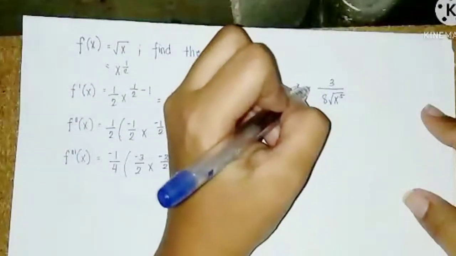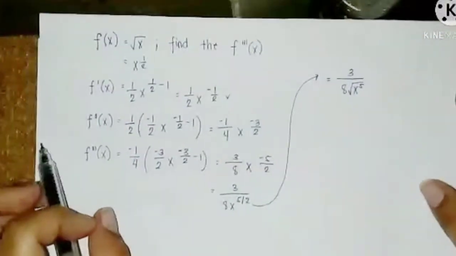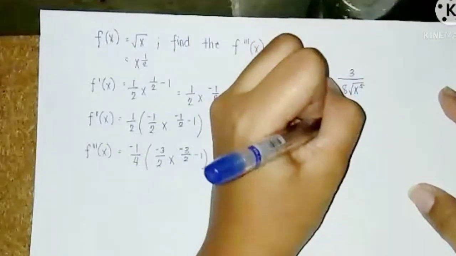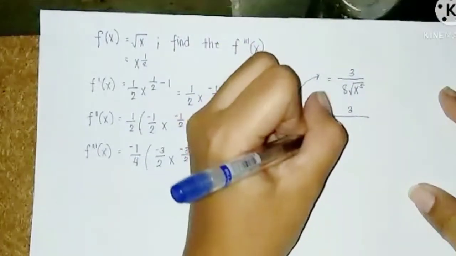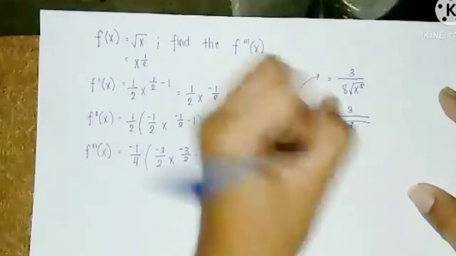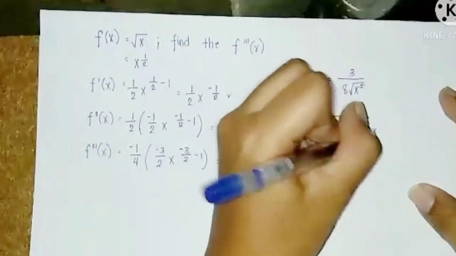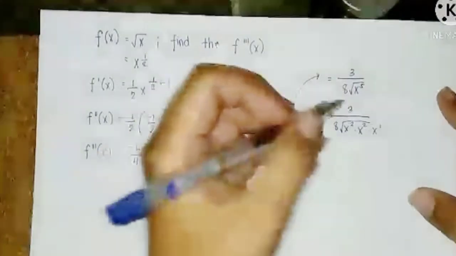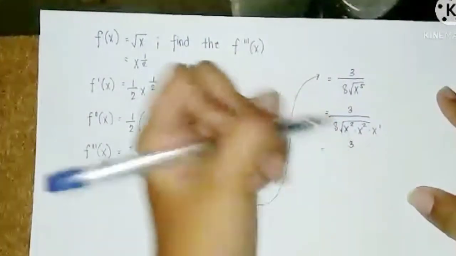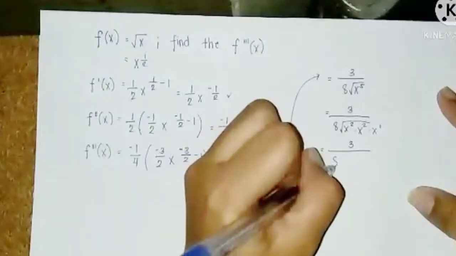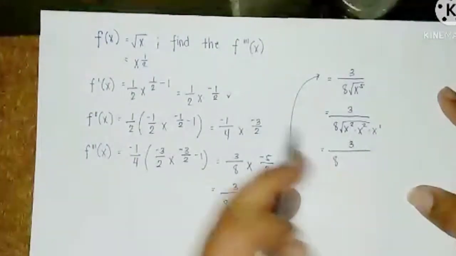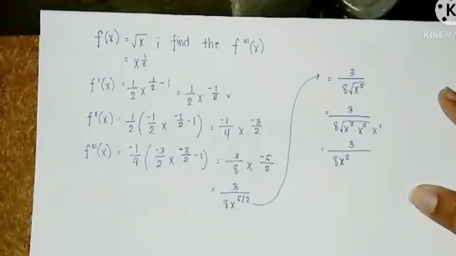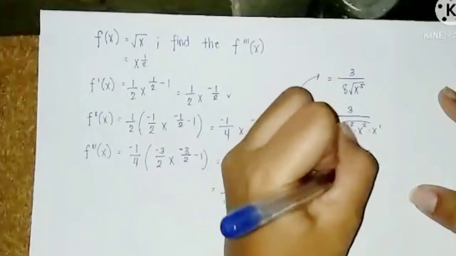Since the index is 2, we will divide x raised to 5 by 2, and that is 3 over 8 square root of x squared times x squared times x raised to 1. That's the total of x raised to 5. Now, 3 over 8. How many x squared do we have? And that is 2. So, 8x squared square root of x.